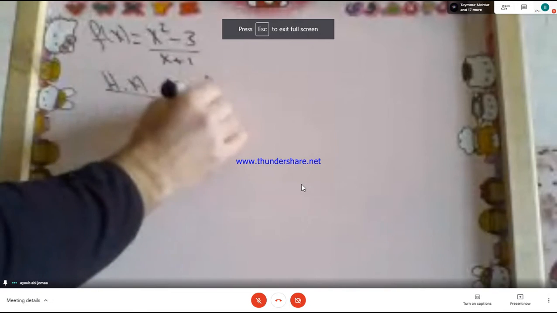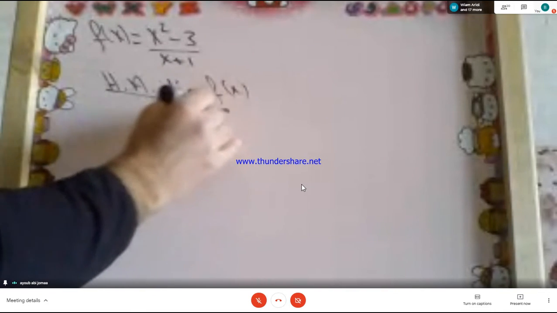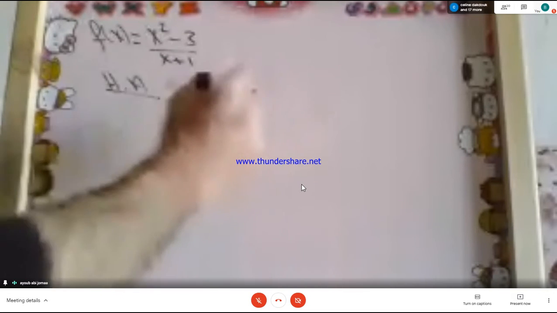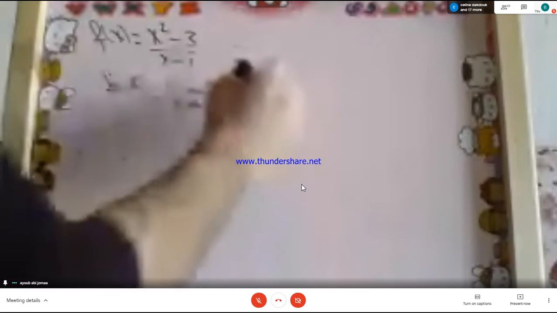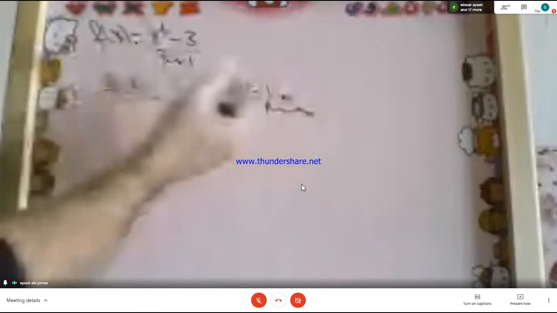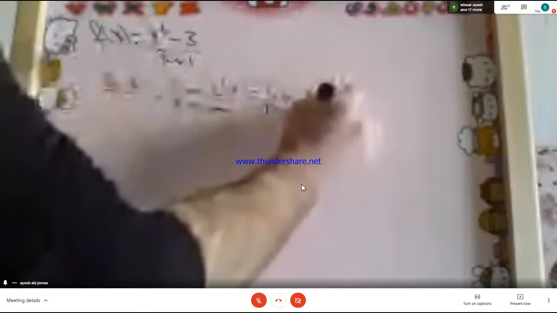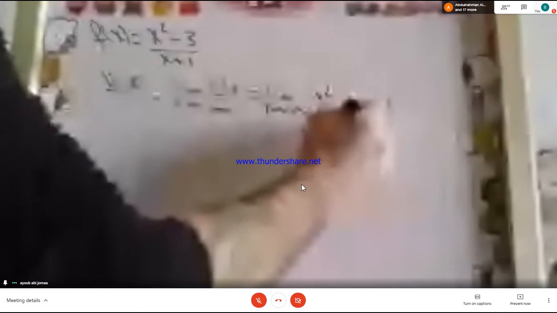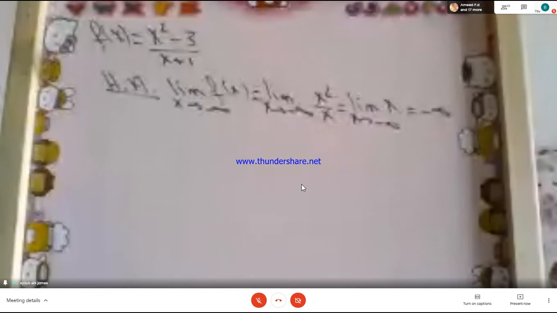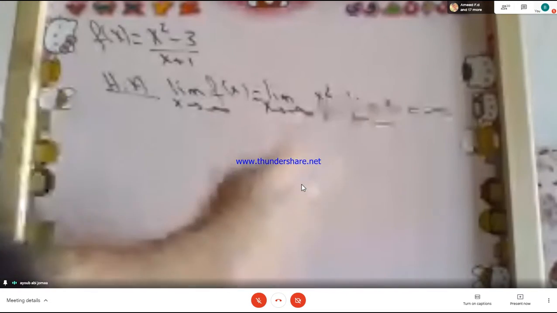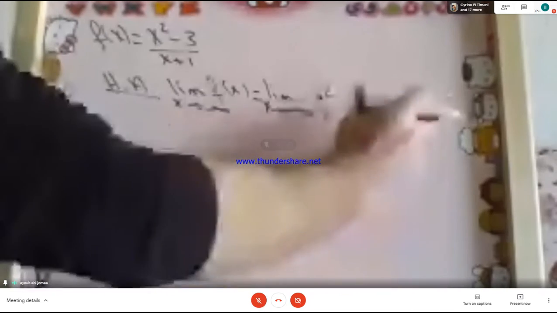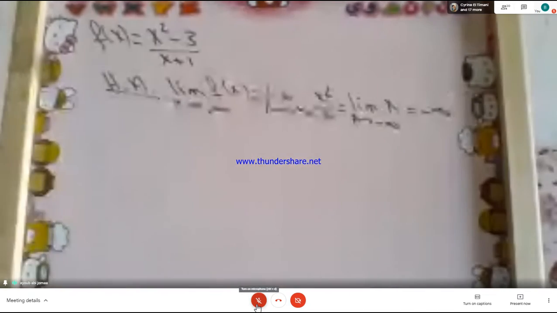The limit of f of x as x approaches negative infinity is the limit as x approaches negative infinity of the highest exponents, x squared over x, which is equal to the limit of x, which is equal to negative infinity. Replace x by negative infinity. It's negative infinity. So the limit at infinity is infinity. Meaning at negative infinity you don't have a horizontal asymptote.